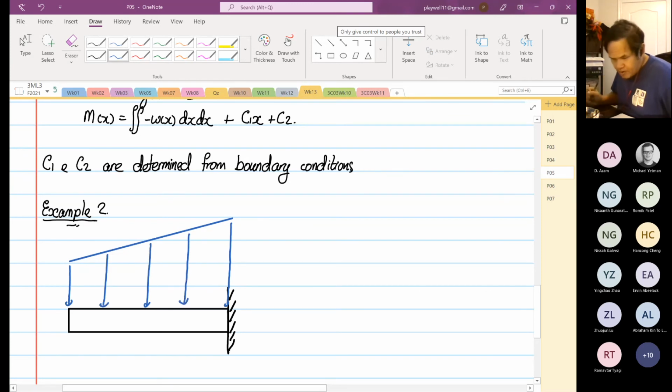A gradient distributed load. And this is at 6,000 Newton per meter. And now this is at 18,000. Okay. And then we have a distance from here to here.